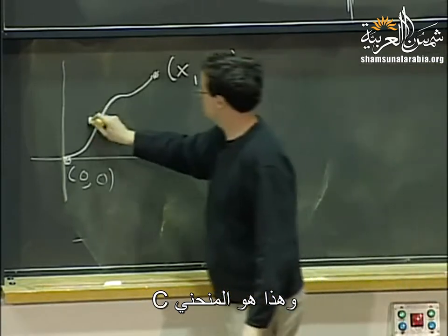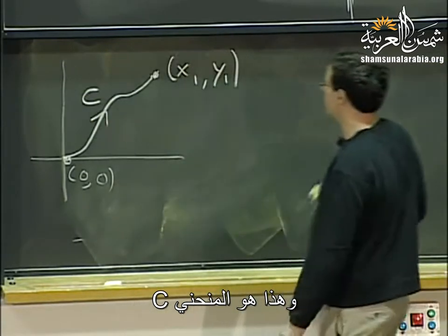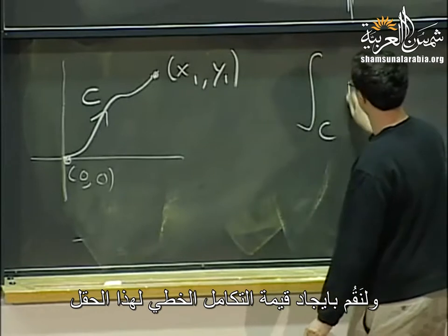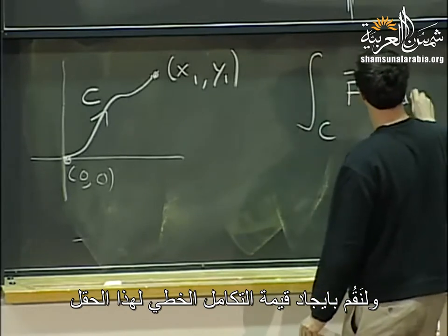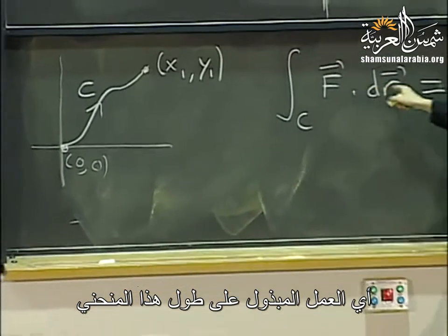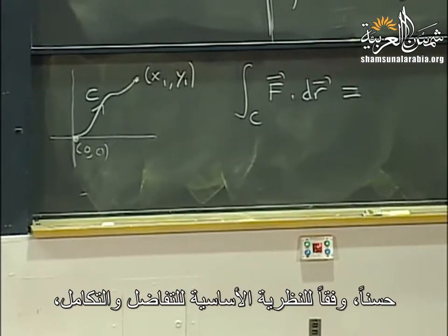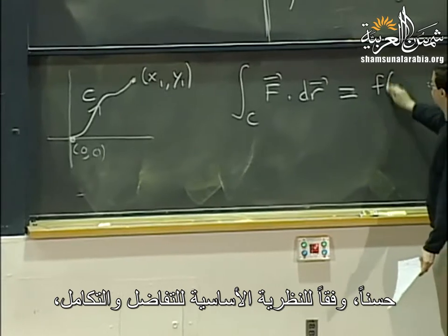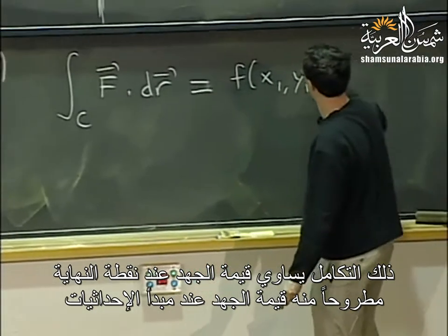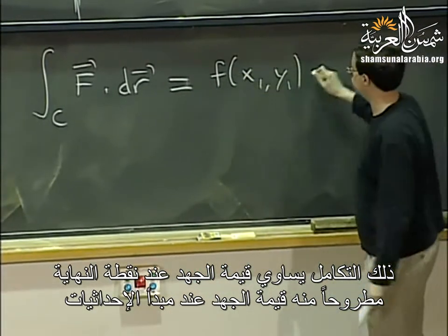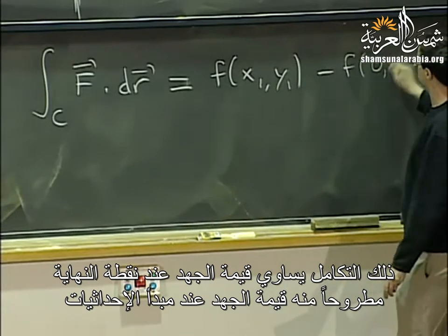Okay, and let's take my favorite curve, and let's compute the line integral of that field along the curve, the work done along the curve. Well, by the fundamental theorem, that should be equal to the value of the potential at the endpoint minus the value at the origin.